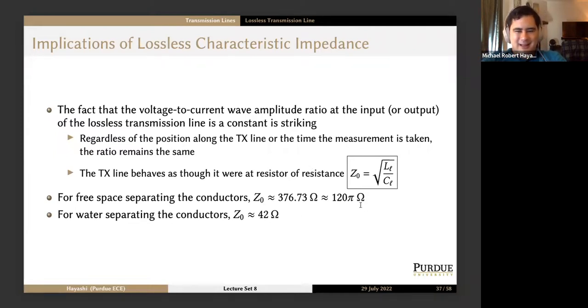That's not a trick akin to the square root of 10 is equal to pi. That comes from the fact that mu naught is approximately 4 pi times 10 to the negative 7th henries per meter. And if water separates the conductors, so say you just had bare conductors separated by water, you'd be down to 42 ohms. But depending on the material separating your conductors, you get different values of Z naught.